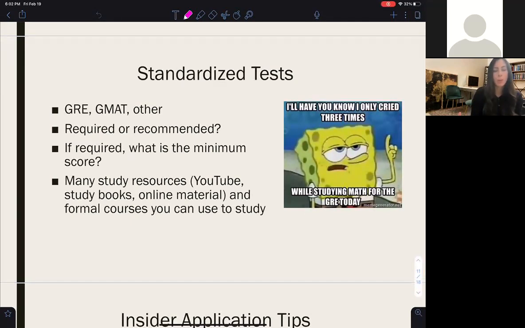There's no limit to how many times you can take the GRE and the GMAT. Some other ones might have limits, but for these two, you can take them multiple times. You can use the highest score. You don't have to report the lower scores. And a lot of times people do that. They take them, see how they do, see if they can improve their score. Just as an FYI, a lot of programs actually waived standardized testing this year due to COVID.